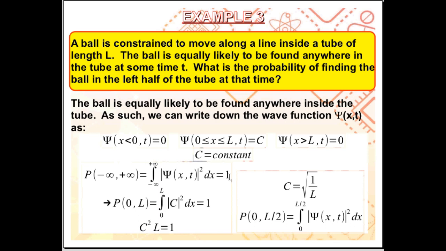So P is equal to 1. The same goes if we remove the regions less than 0 and greater than L and just focus on the distance from 0 to L. The probability of finding the object is also equal to 1, or 100%.